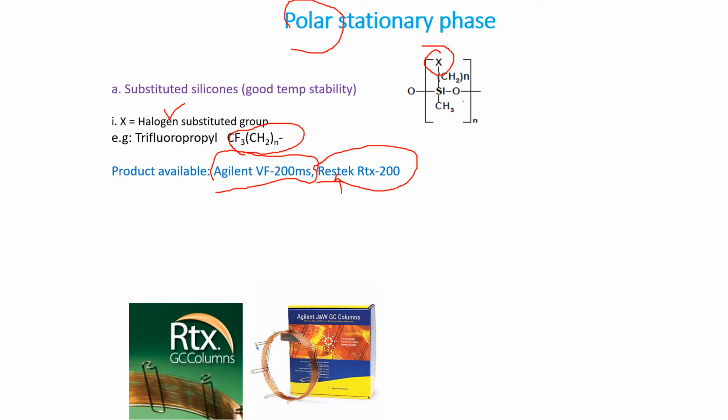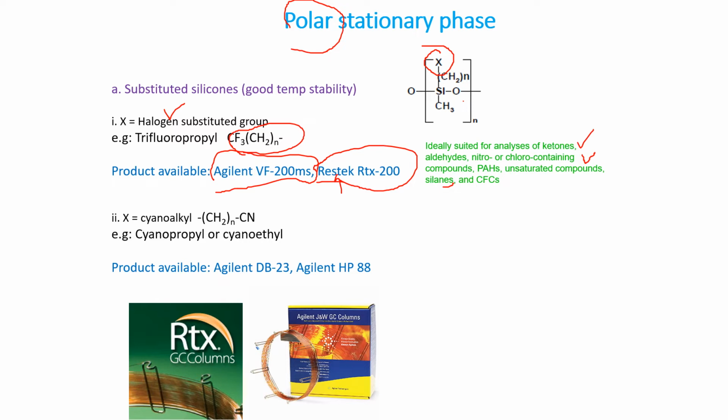At the end of this GC video, I will show you troubleshooting videos from Restek. It is suitable for ketones, aldehydes, nitro and chloro containing compounds. Nitro and chloro containing compounds are explosives, so you can do analysis on explosives, and also some silanes.